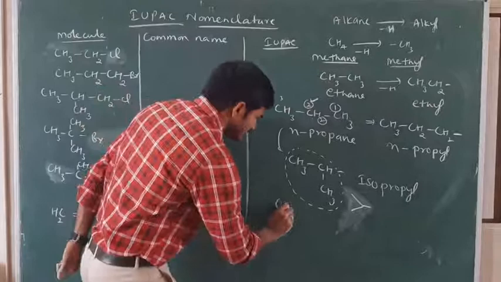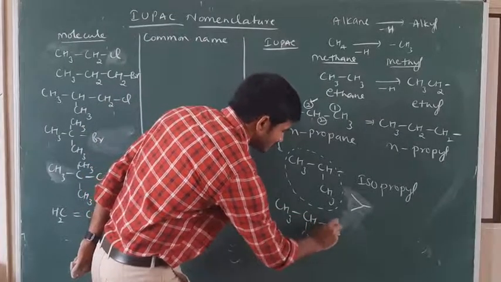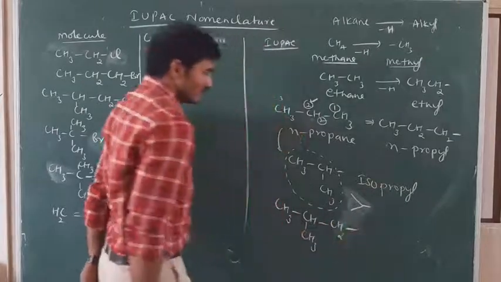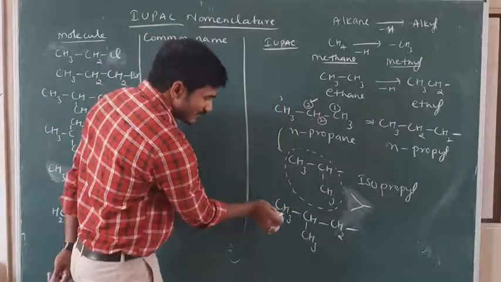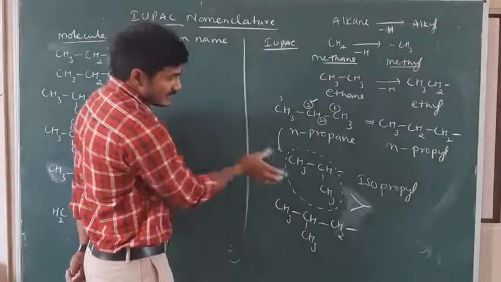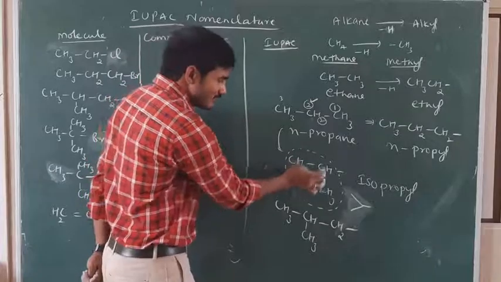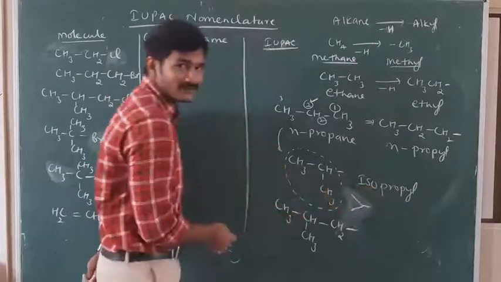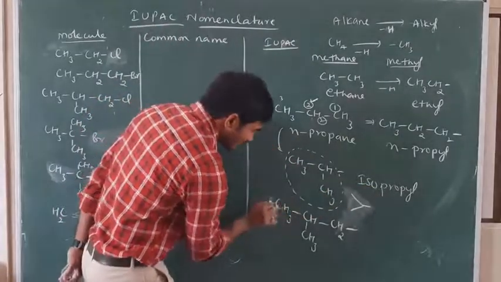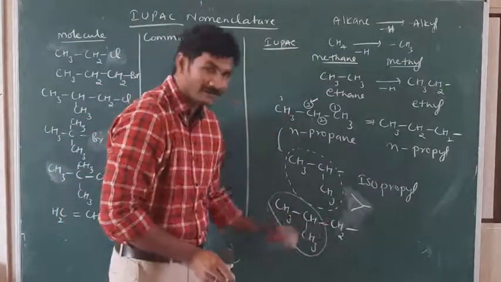Suppose I write it like this, with CH3, CH3 and CH2. What is the name of this molecule? Observe this and write. Two CH3 with one CH between them, this is the iso group. As there are only 3 carbons, I write isopropyl. Here, this group is iso, and in addition we have one more carbon.